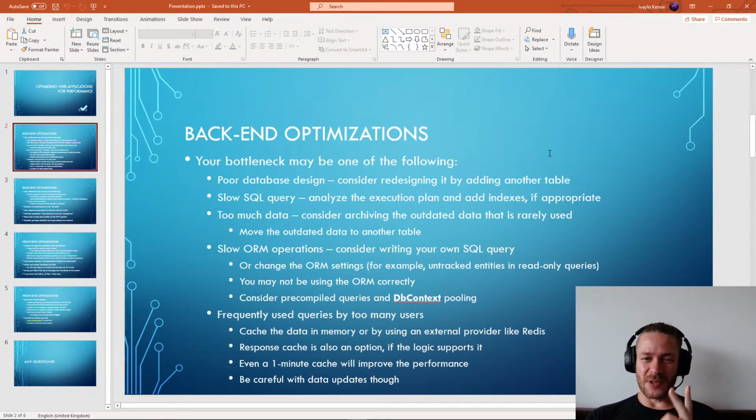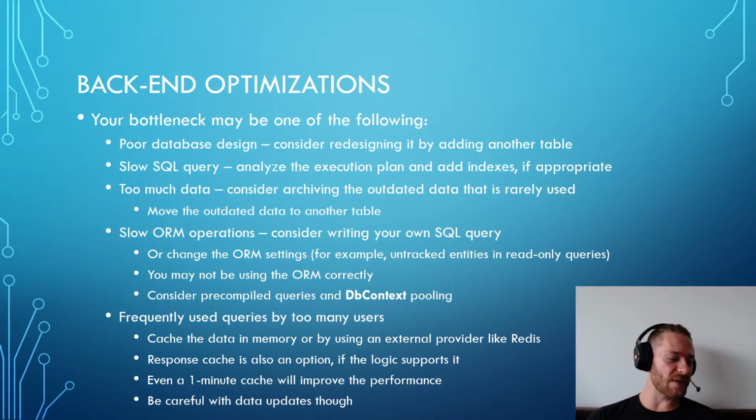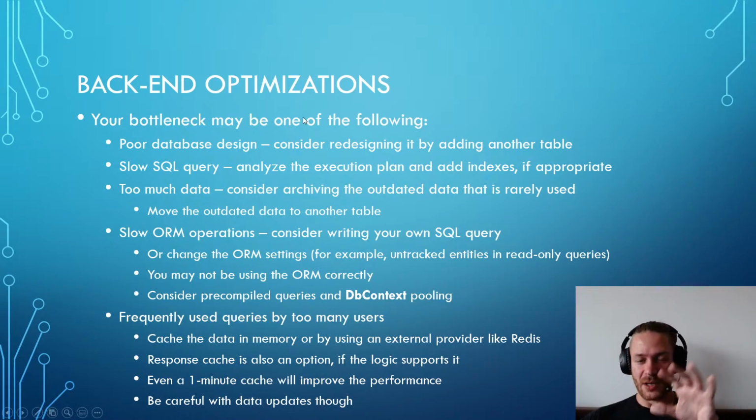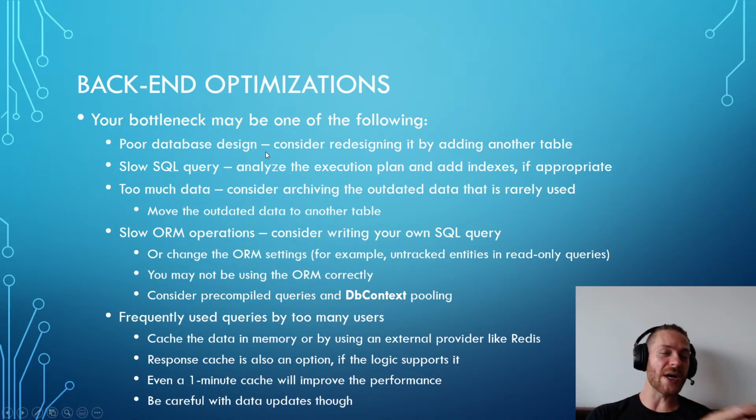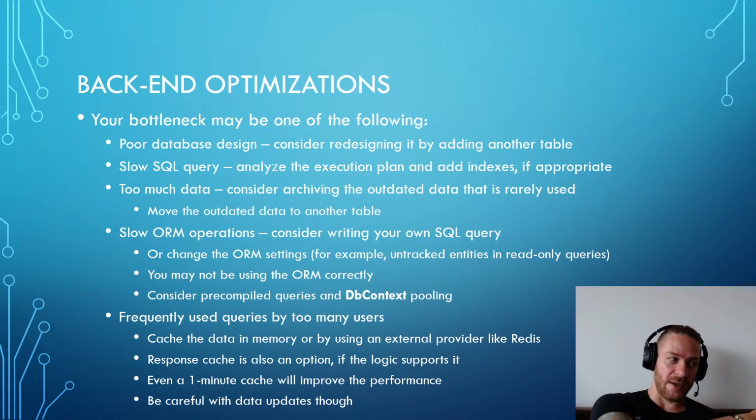So the backend optimization, usually it's the database. But sometimes it may be an algorithm or a logic we have introduced in our code. But first we need to start with the database. The database may have a poor design, or at least a design that was working correctly, for example, 1 year ago.